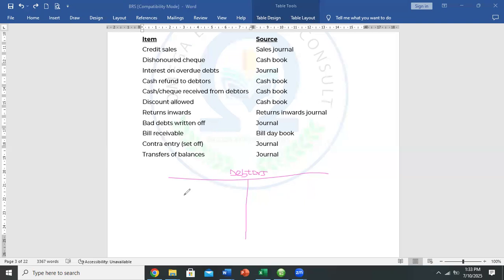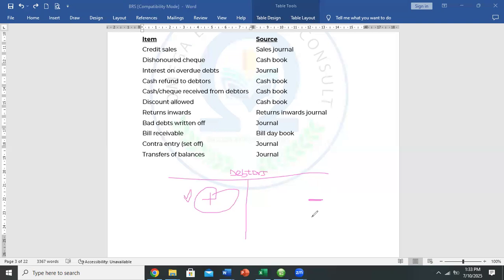So we all know that. Professors, if any of these items would increase the debtors balance, and permit me to use the plus sign for increase, then we will debit it here. If the item is going to decrease or reduce the debtors balance, we do what? We credit it. That is the technique you can use.